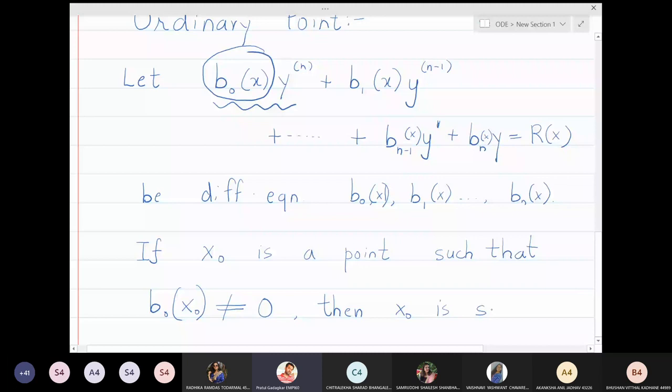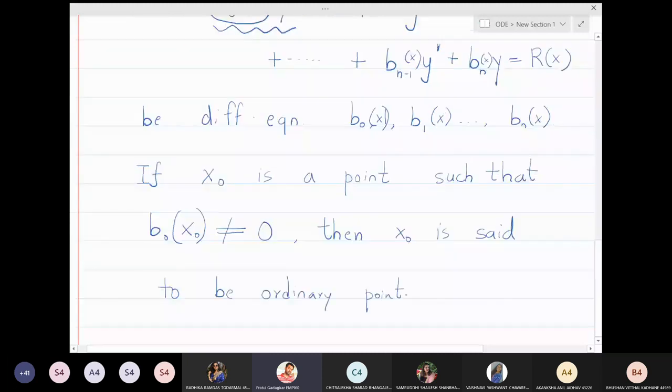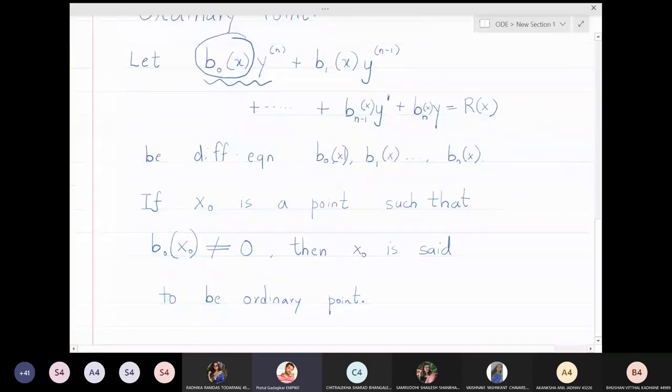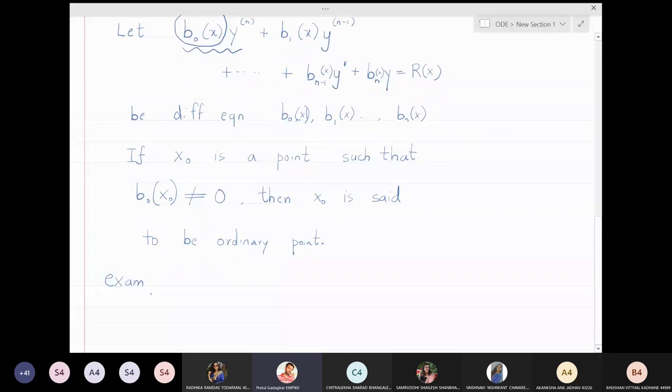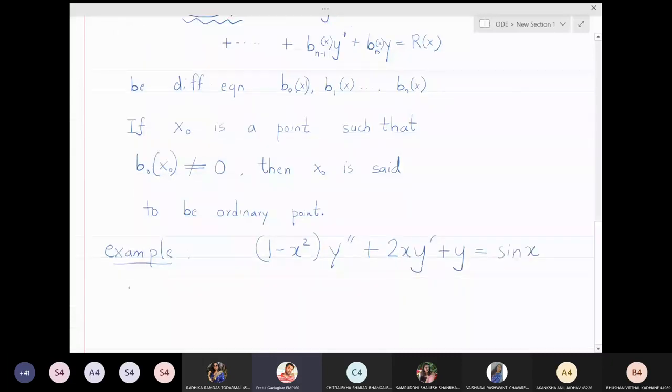Let us take one simple example to understand what an ordinary point is. Let me take the differential equation 1 minus x square into y double dash plus 2x y dash plus y equal to, suppose, sin x. Now what is the highest coefficient here, the coefficient of the highest derivative?